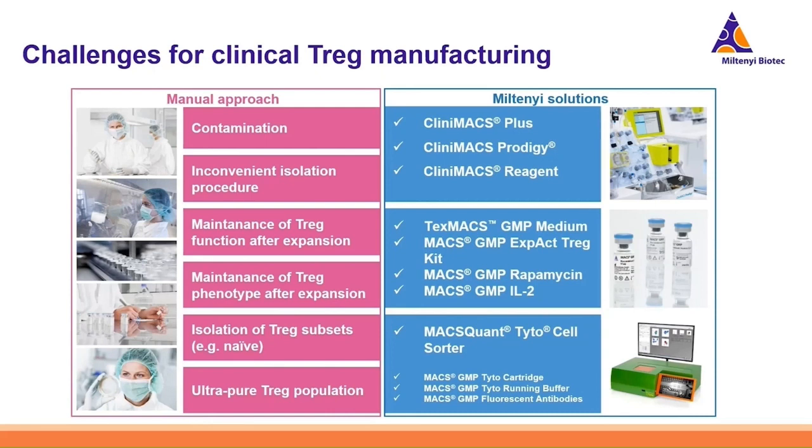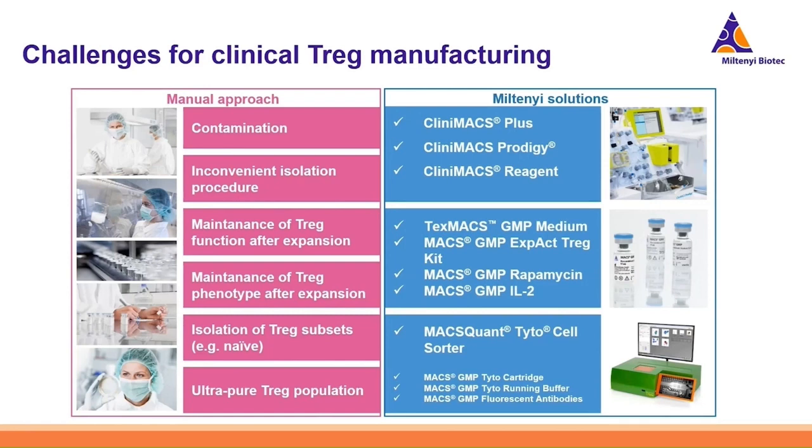The good news here is that Miltenyi Biotec can provide solutions for all of these pain points. We do have the platforms to effectively isolate the cells: the CliniMACS Plus, CliniMACS Prodigy, and also the MACSQuantTyto cell sorter is helping in these regards. And for the maintenance of the cells in culture, we offer different reagents as well.